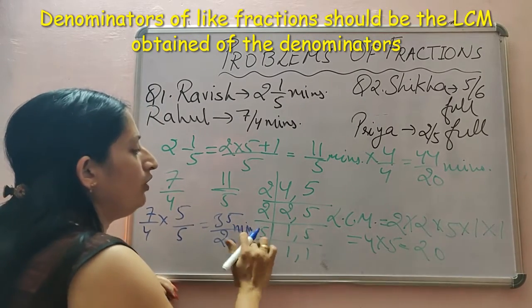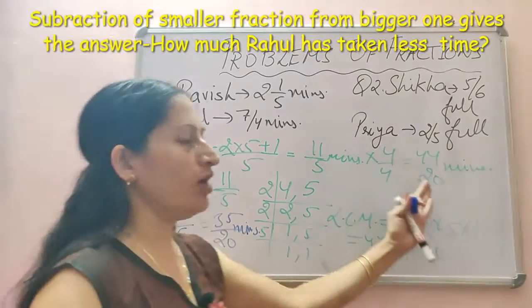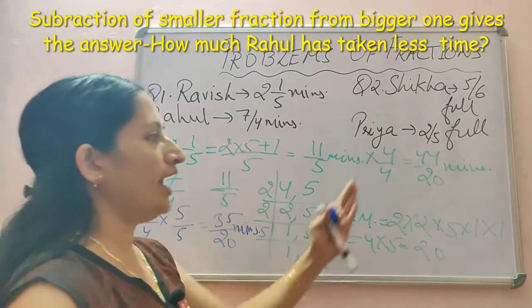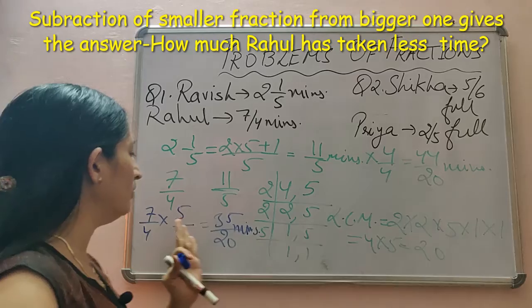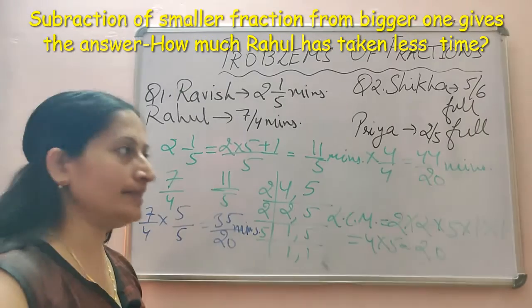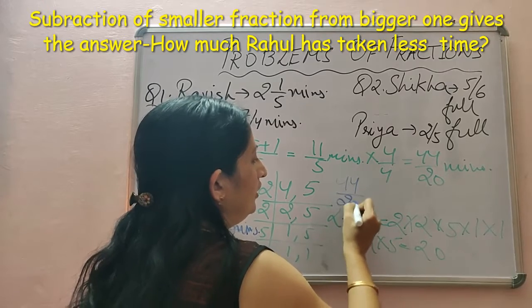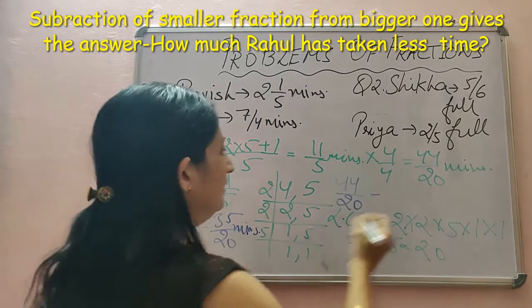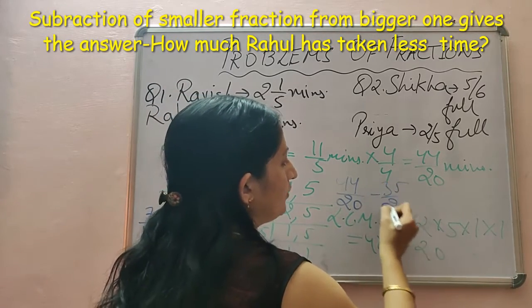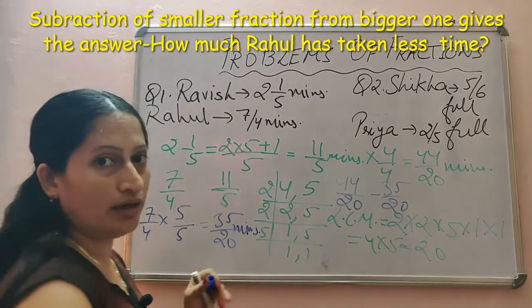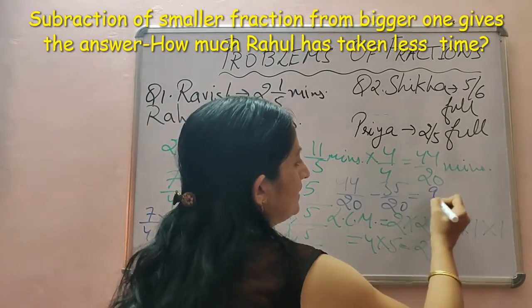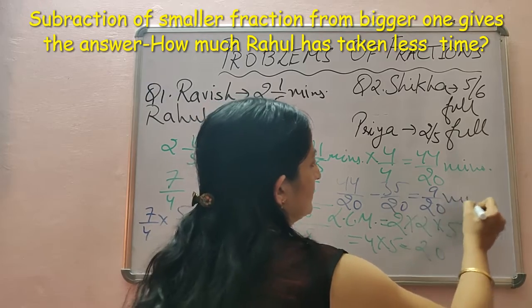So how will we find out by how much this is greater, or how much more time he is taking, or how much less time Rahul is taking? For that we will have to do 44/20 minus 35/20, which was taken by his friend Rahul. So it will come out as 9/20 minutes.